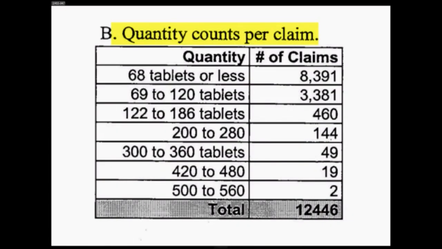And for example, this shows 3,381 claims that had between 69 and 120 tablets, right? Yes. And as it goes on, we see 460 claims for 122 to 186 tablets, right? That's what it says, yes. And even as we go down the line, we get to 2 claims for between 500 and 560 tablets, right?